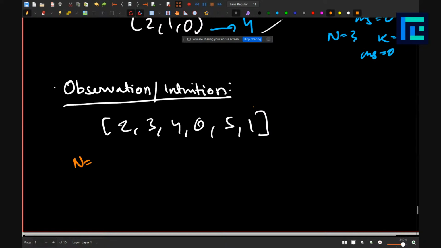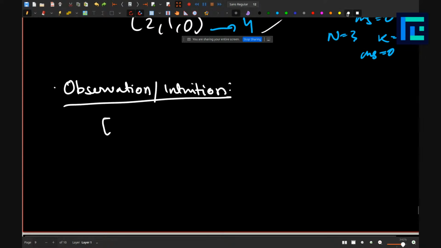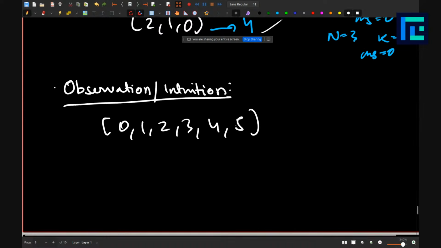Let me take a simpler example so it's easier to understand. Let's just take the example 0, 1, 2, 3, 4, 5. If I add my 6 at the end, let's write down the possible MEXs.